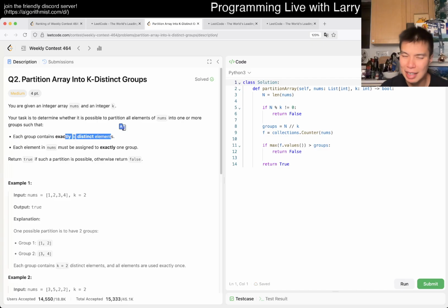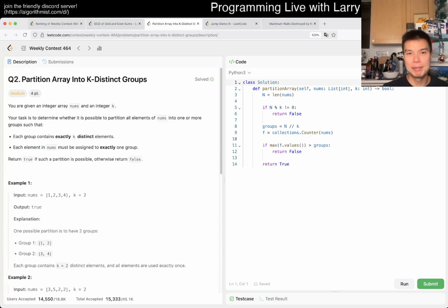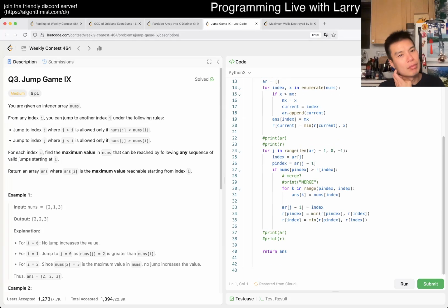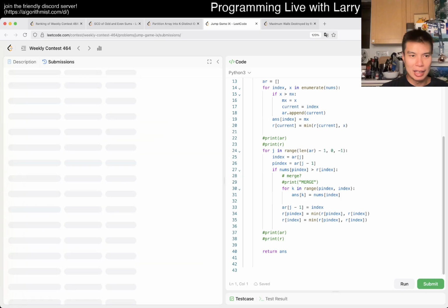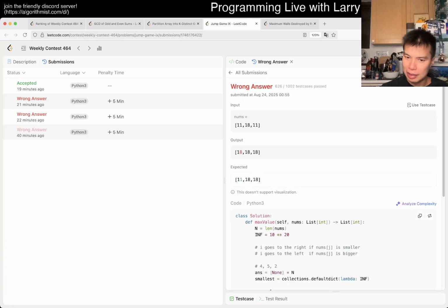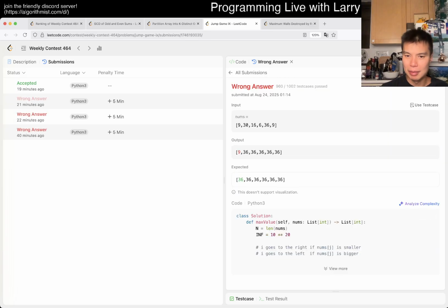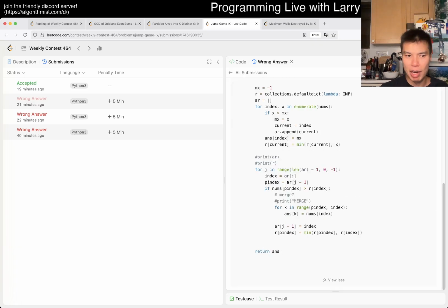K distinct elements can be interpreted many ways, I think. Or maybe two ways, and the other way is a little bit more common. And the examples don't tell you the story, right? This one, I had 3 wrong answers, but 2 of them were just like, I had the idea right. This one, no, that was the wrong one. And then after that, I had the right idea, but implementation was a little bit wonky.